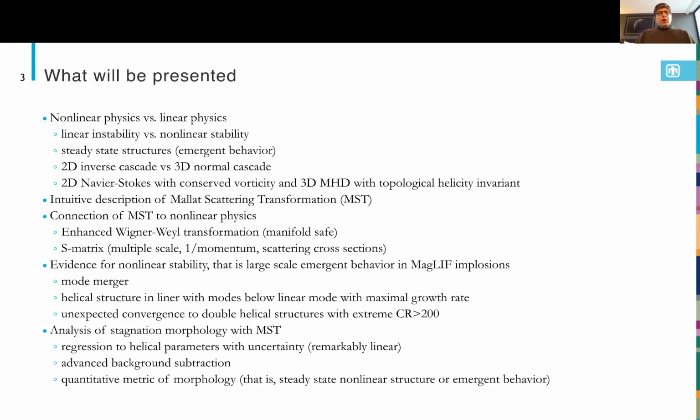This can go from a 3D normal cascade, where we see that there's a development of turbulence along with a Kolmogorov scaling, and then also in contrast to that would be a 2D inverse cascade, where things go to large-scale self-organization.